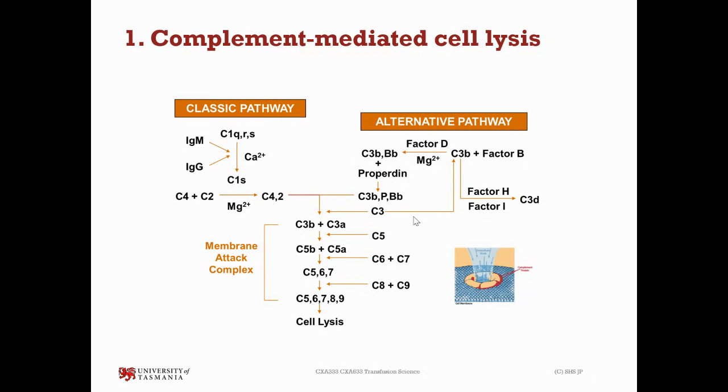And C3d has the ability to hang around on red cell membranes long after many of the other complement factors, complement proteins, whatever you want to call them, have been degraded. So that's just something to hold in your brain for a little bit later in the lecture, that when complement is activated, particularly when it's activated by IgM antibodies, we get some C3d hanging around on the red cell membrane.